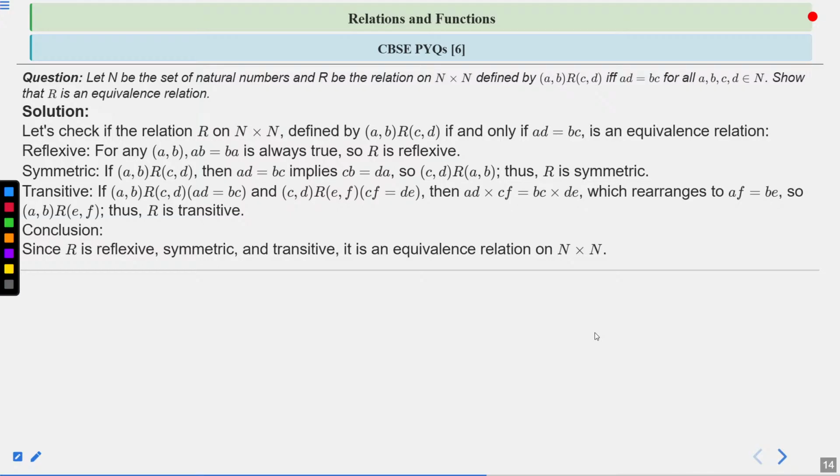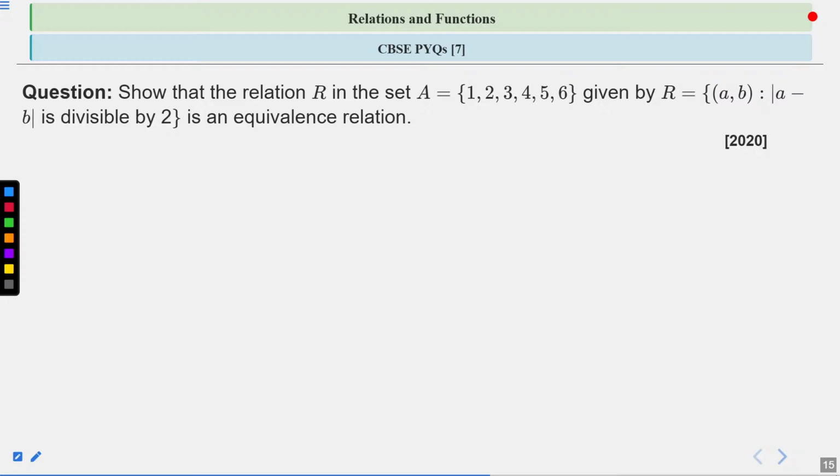Okay, let us move to the next question. The next question says, show that the relation R in the set A = {1, 2, 3, 4, 5, 6} given by R = {(a, b) such that the absolute value of a minus b is divisible by 2} is an equivalence relation, right?